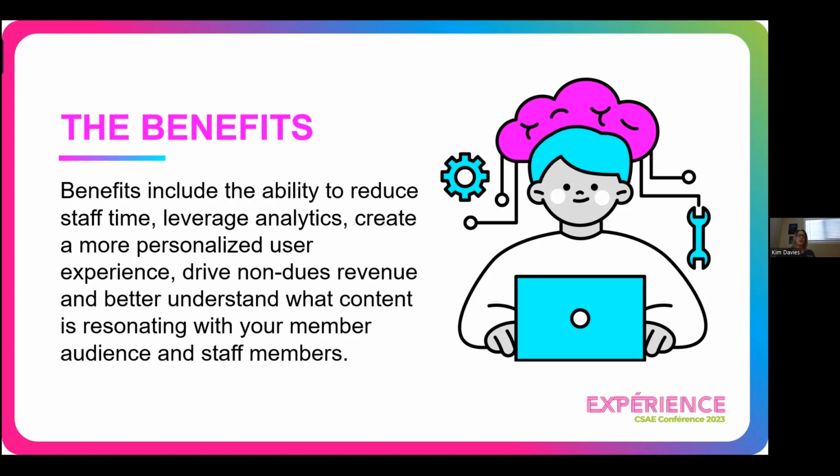And I'd say rounding out the top three would be operational efficiencies. Anytime that you can use AI to automate time-consuming tasks like data entry or generating reports, this is going to free up your staff time, and then they can focus on other tasks at hand.